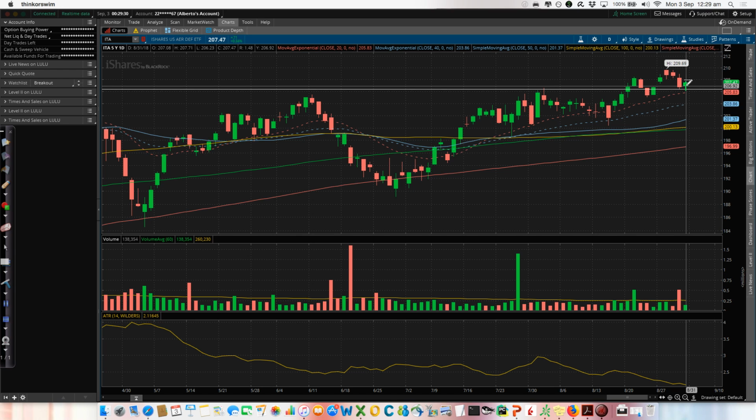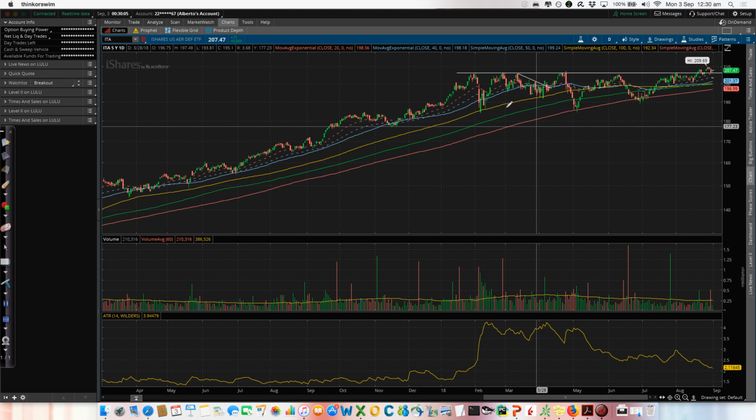So if we remove one ATR from the low, we got around 203.70 something, so it's probably just below the 40 exponential moving average. That is also good because the 40 exponential moving average was used here and here also as a kind of support, so it's good to have your stop loss below.